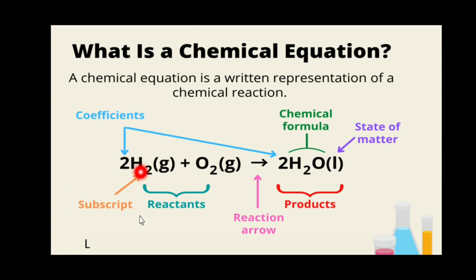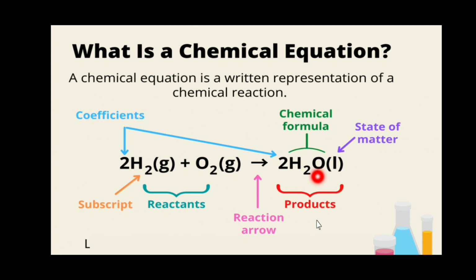In this equation, there are 4 hydrogen atoms. Likewise, 2 atoms of oxygen. This is how, in a chemical equation, we find the number of atoms of each element or compound.